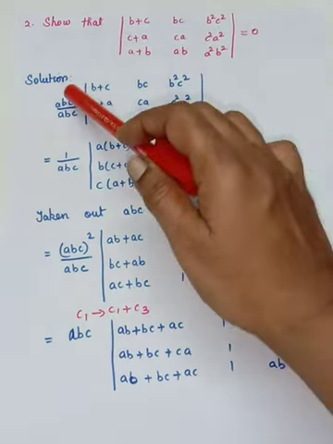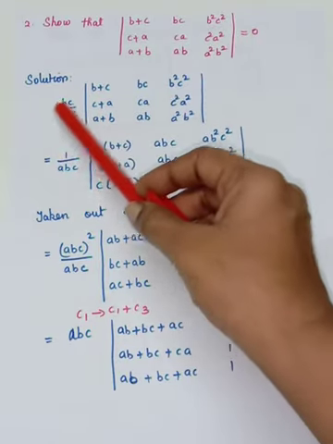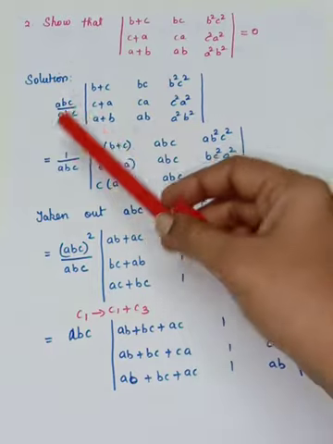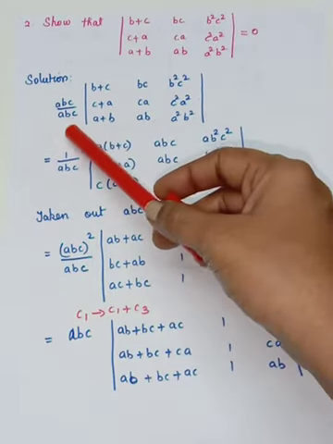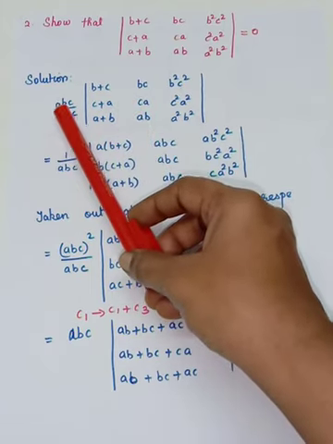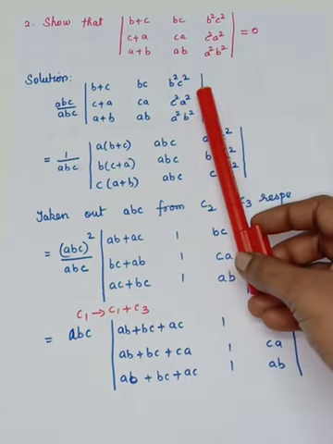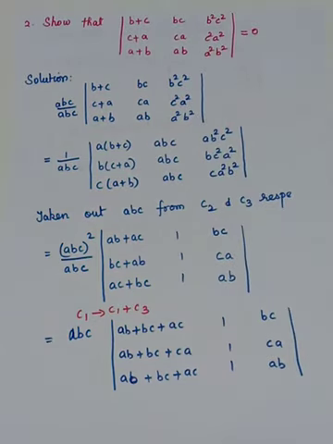In that you multiply and divide by abc. So here I have written abc by abc. So the value of the previous step will not be altered. Now here this a can be multiplied to the first row, because if every element of one row is a multiple of some scalar, the value of the determinant is also multiplied by the same scalar.